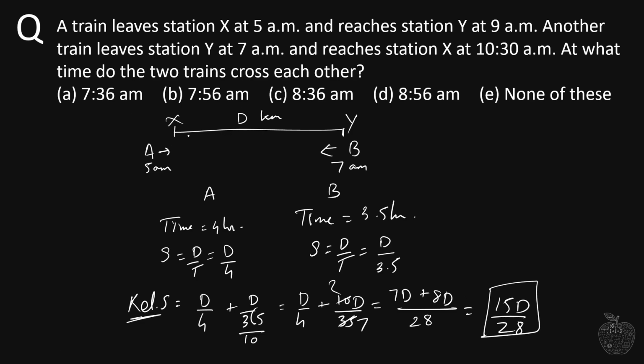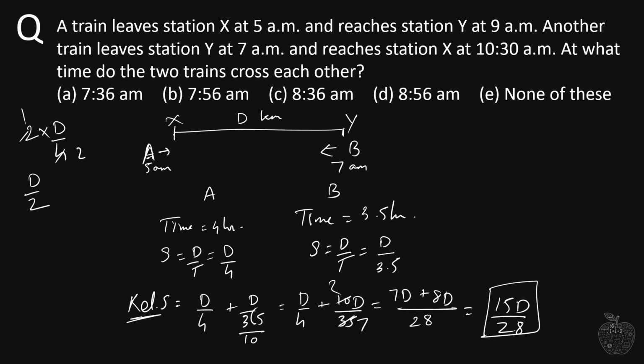Now pay attention here. A leaves the station at 5 am and B leaves the station at 7 am. So when A leaves at 5 am, till 7 am it must have traveled some distance, right? From 5 am to 7 am, A traveled for 2 hours with a speed of d by 4. So the distance traveled by A in these 2 hours is d by 2.